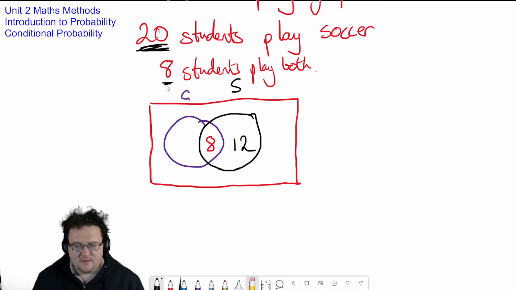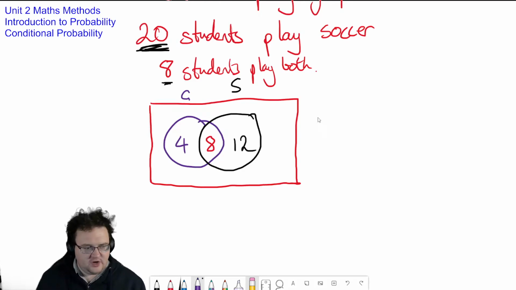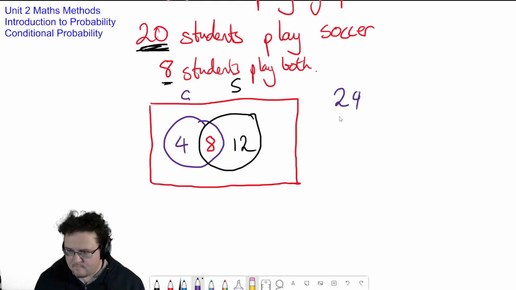But because 8 of them are inside the purple circle as well, the number of students not inside the purple circle, but still inside the black circle, is going to be 20 minus 8, which is 12. And then following the same logic, there are supposed to be 12 kids in total in the purple circle, but there are 8 over here, therefore there are only 4 here. And that gives me a total number of students of 24. So there are 24 students in the class.